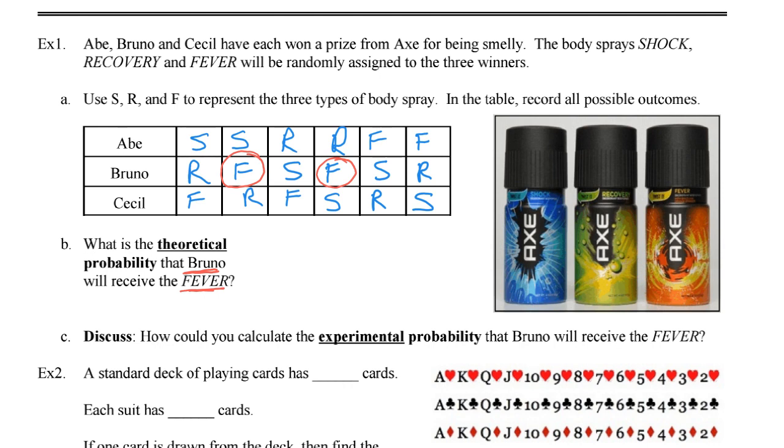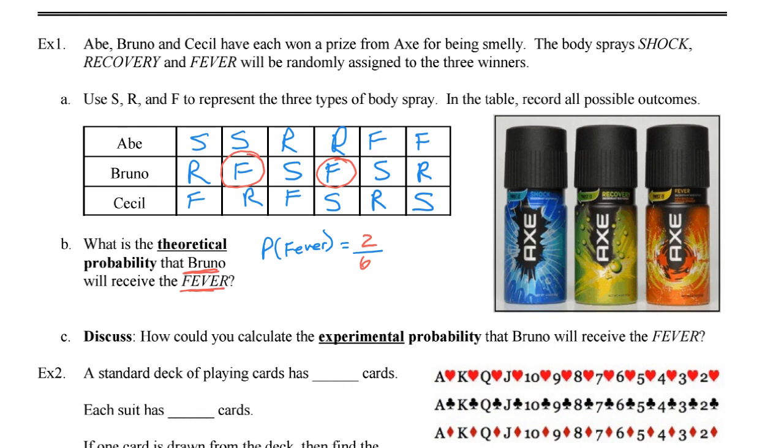Okay, so P of fever for Bruno is going to be this 2 divided by, well, if you look at this, there are actually 1, 2, 3, 4, 5, 6 possibilities.